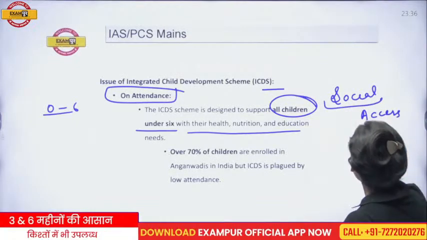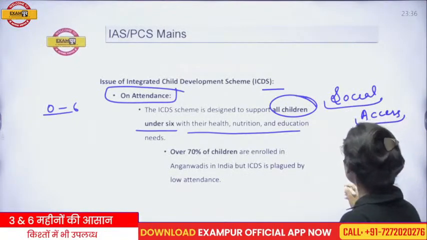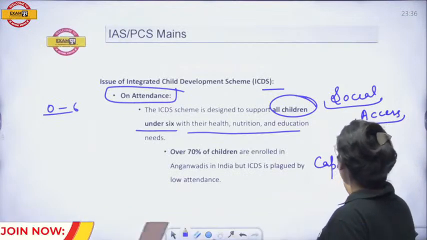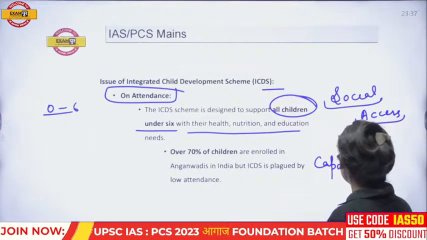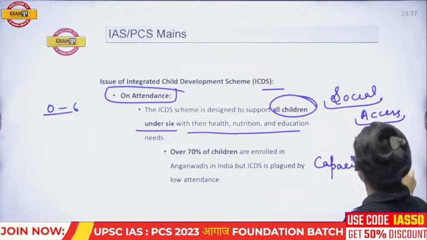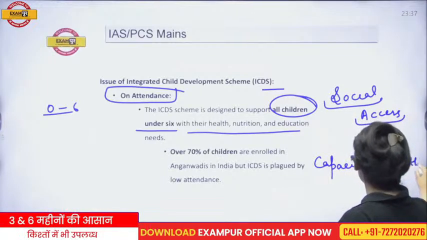How would you increase accessibility? Accessibility comes from your capacity. Capacity will be there only if you are healthy enough to make a contribution.